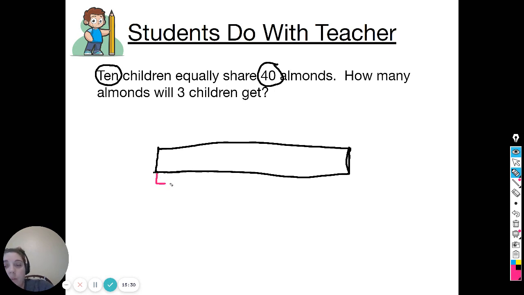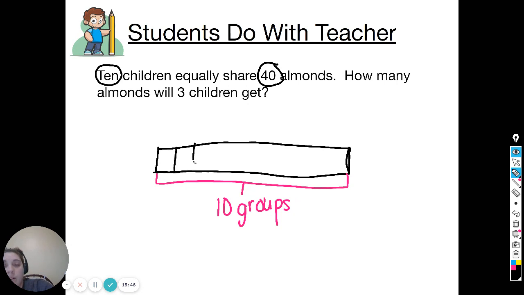Because we know that there are 10 children, which means that there's 10 groups. So let's label that 10 groups and then break it into those 10 pieces. 1, 2, 3, 4, 5, 6, 7, 8, 9, 10. It's okay if they're not exactly the same size, as long as you try to get them as close to the same size as you can.